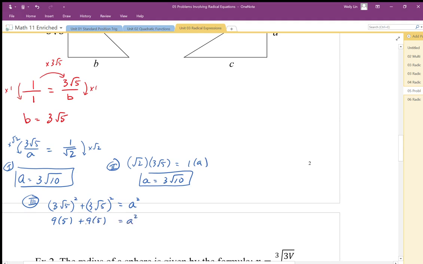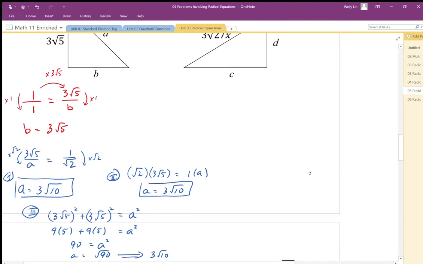This works out to be 45 plus 45, and a is equal to square root 90. We'll just use a principal square root since we are just using side length, so we'll get rid of the minus and then simplify that into 3 root 10. Those are 3 different ways you could have solved for that side A, and reminder that we want to keep these in exact values.